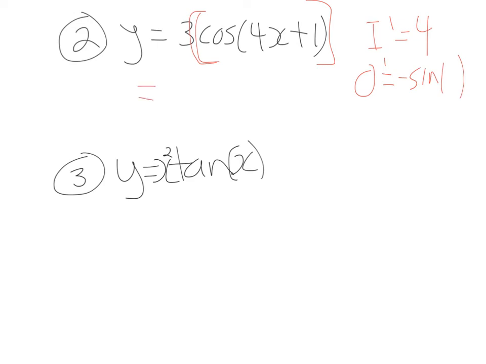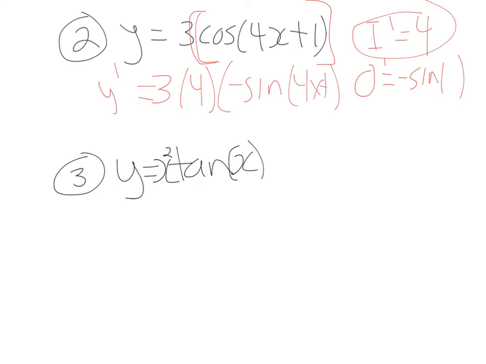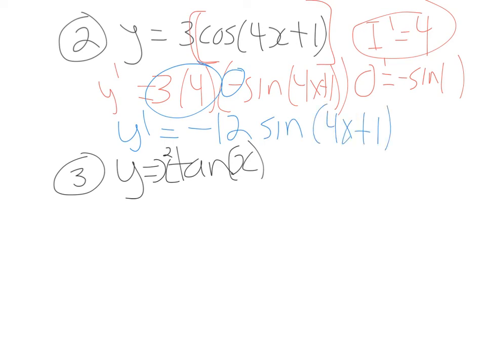Okay, so y prime will equal 3 groups of, well, first I'll do the inside prime, which is 4, multiplied by negative sine bracket, and in the bracket is 4x plus 1. Okay, so all taken together, that is y prime equals 3 times 4, so negative 12 sine bracket 4x plus 1. Okay, and remember, pause this at any time, rewind it, watch it again.